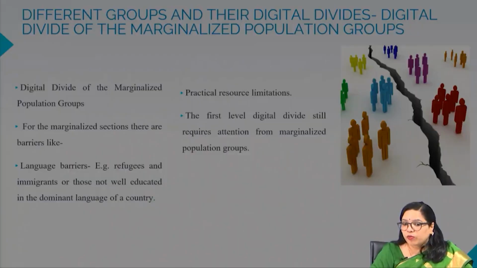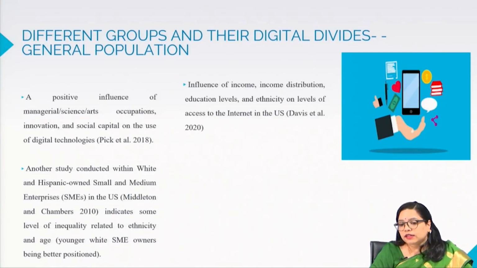In the case of the general population, there are certain studies that depict which sections of the population are more inclined towards digital inclusion and exclusion. For example, one study by Pick and others showed a positive influence of managerial, science, arts occupation or innovation and social capital on the usage of digital technologies.